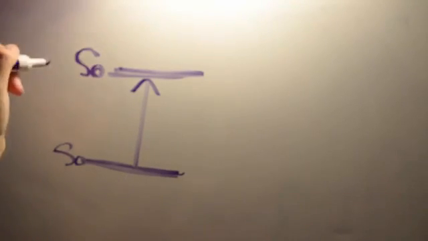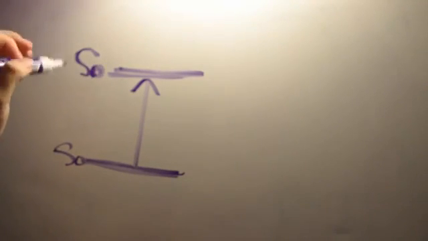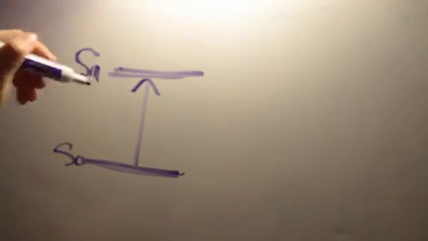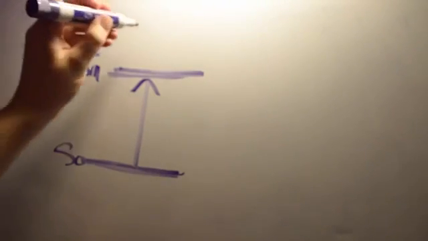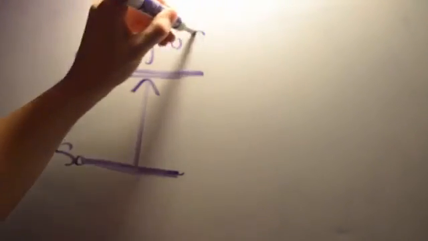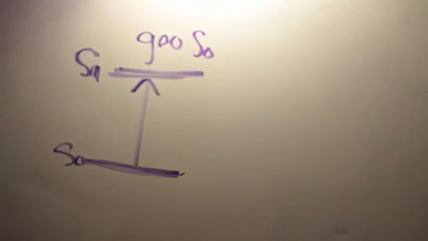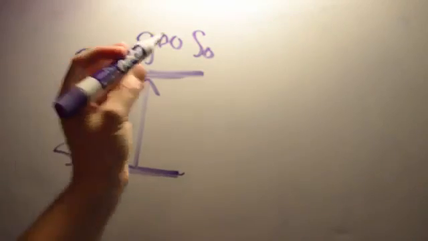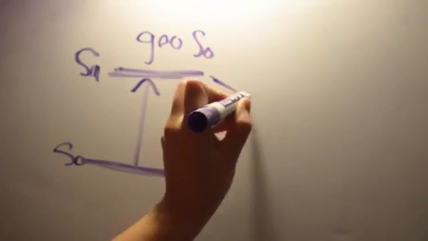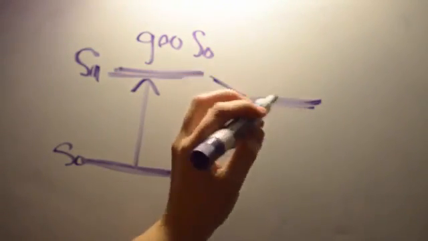But electronic transition is a lot faster than vibrational transitions. So when you're in the excited state, you have the energy of the excited state, but you have the geometry of the ground state. And you want to match the energy state that you're in with your geometry. So in order for that to happen, there's a change in the amount of energy.